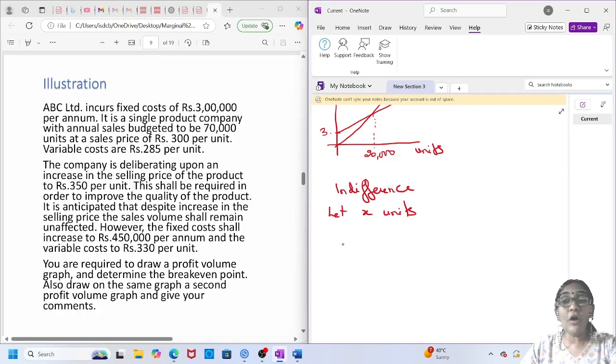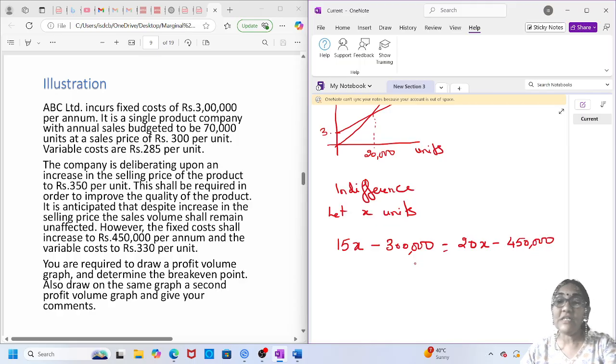So currently your contribution is 15 rupees per unit. Total contribution would be 15 into X units, 15X, minus the fixed cost of 3 lakh rupees will give you the profit. Now this profit should be the same under both scenarios. In the second scenario, the contribution is 20 per unit. Total contribution would be 20X minus the fixed cost, which is 4,50,000.